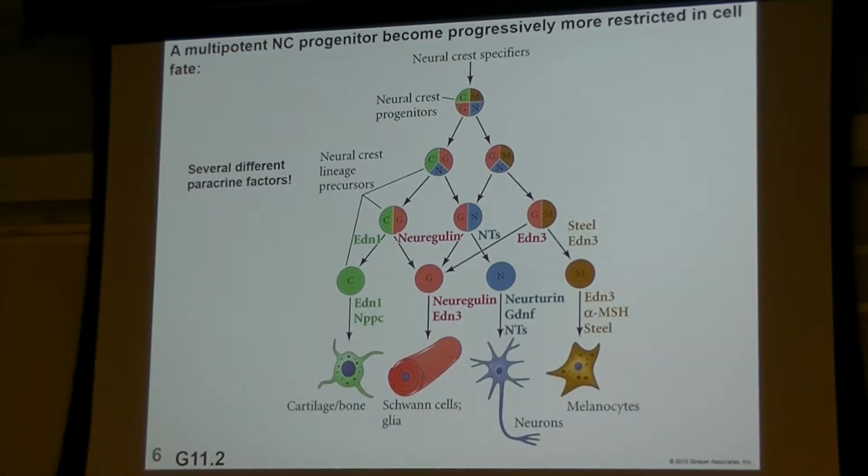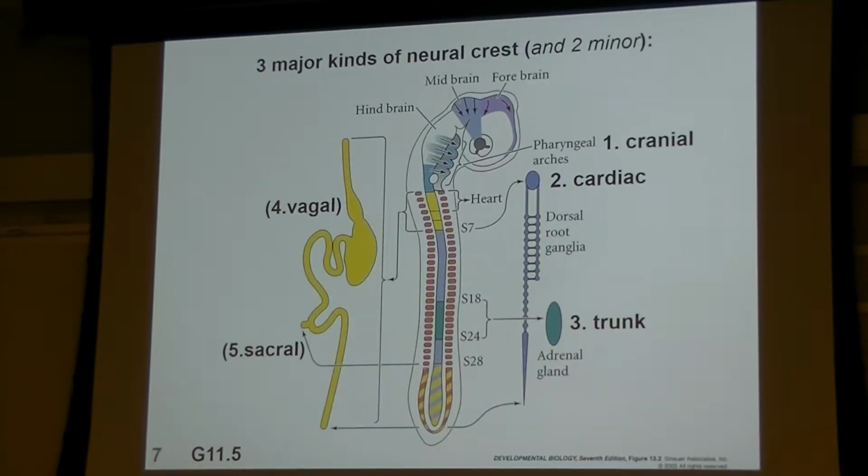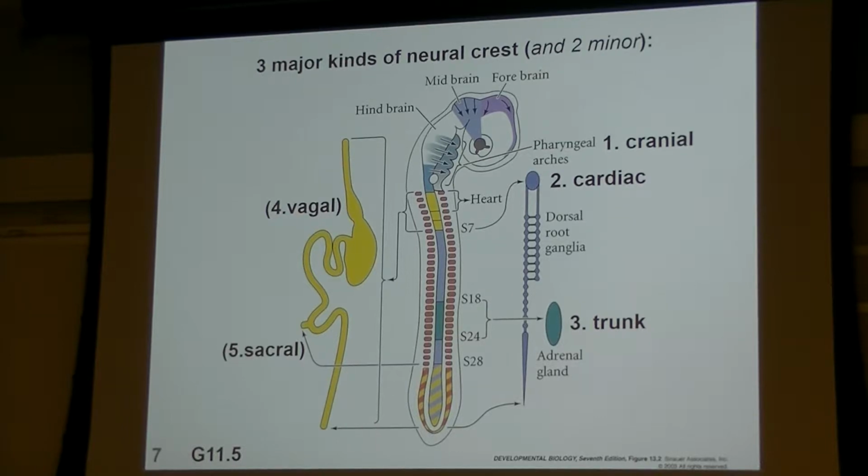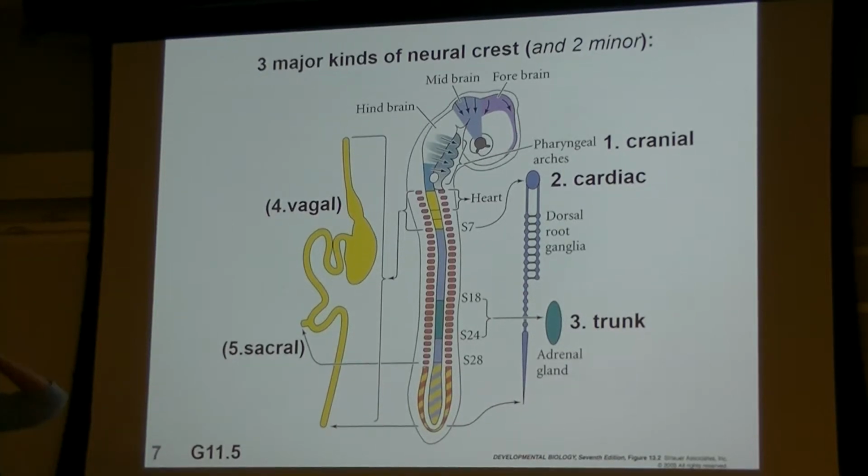So if we look around, we have the neural crest cell. The neural tube, of course, goes from complete anterior all the way down to the posterior. And neural crest cells are found along that entire location, and they're going to contribute to tissues all along the anterior-posterior part of the body.